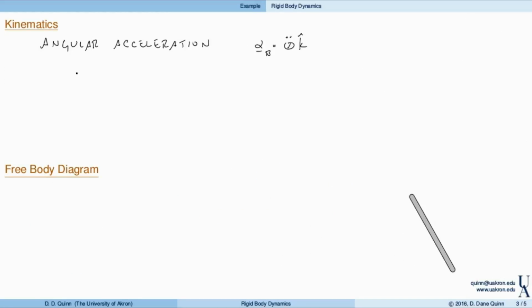So we can write the acceleration of G as the acceleration of O, because again we know something about O, and it's fixed in the bar, plus the angular acceleration of the bar cross the position of G with respect to O, plus the angular velocity omega cross omega cross r of G with respect to O.